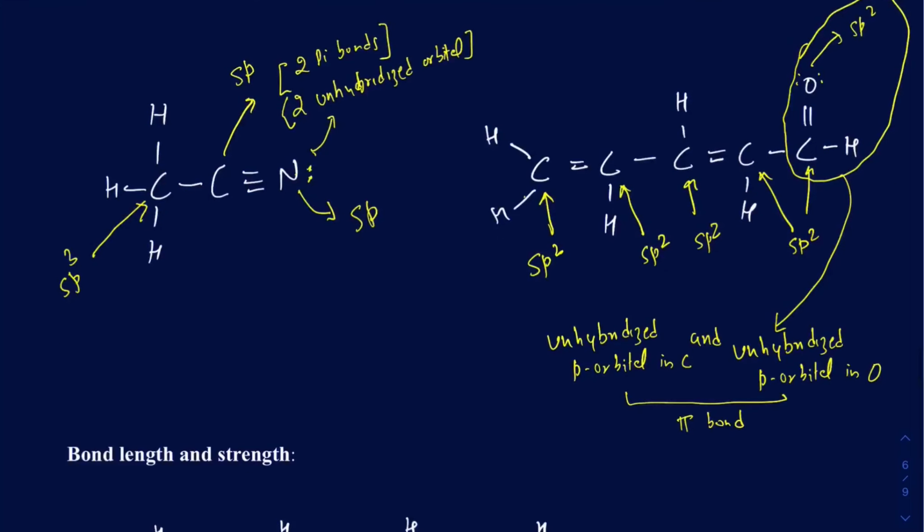To summarize all these things, I do want to mention that if you have a single bond, it doesn't really matter whether you have a carbon-carbon single bond, a nitrogen-nitrogen single bond, or a sulfur-sulfur single bond.